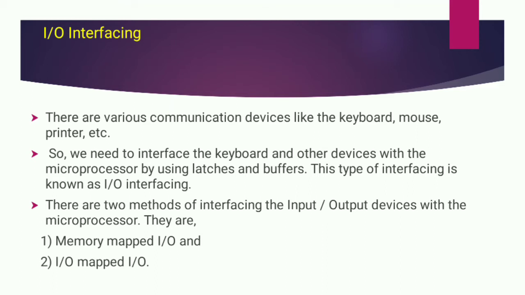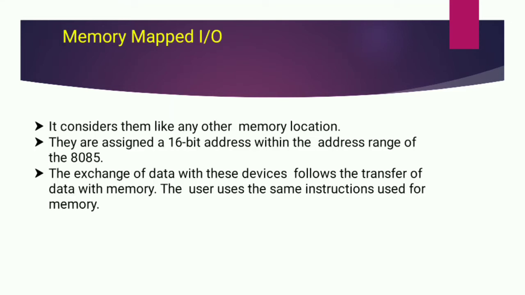There are two methods of interfacing input-output devices with the microprocessor. These are memory mapped I/O and I/O mapped I/O. Let us start with memory mapped I/O. When you have an I/O device, the processor can treat it either as a memory device or as an I/O device.